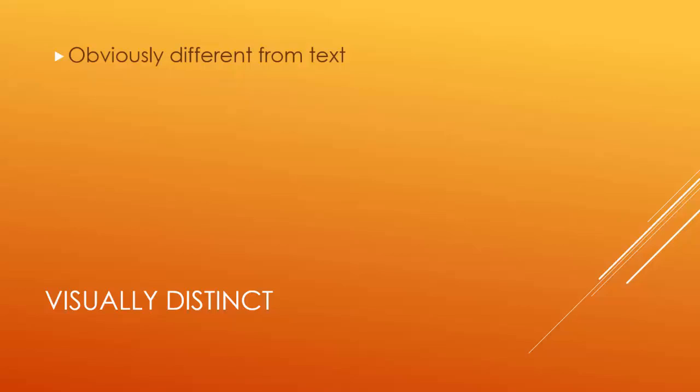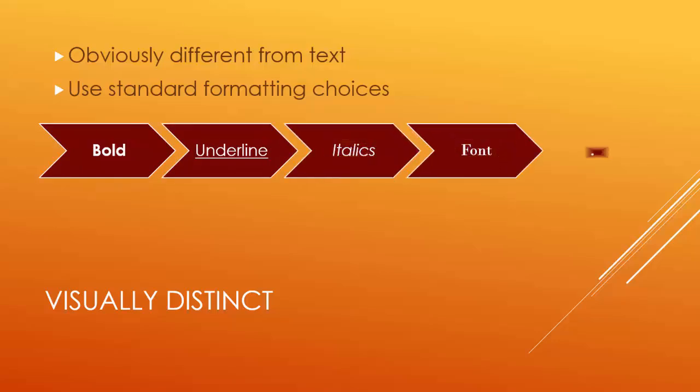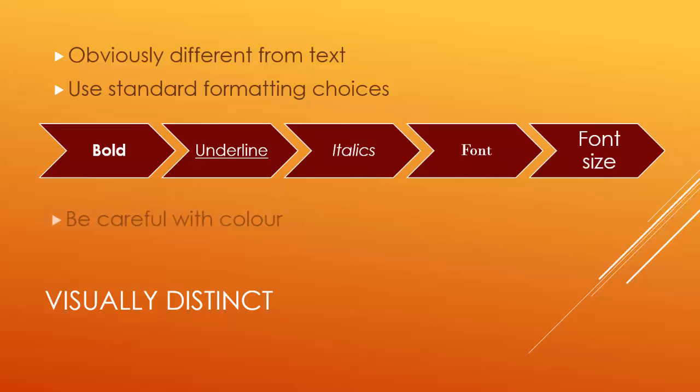This can be done using formatting tools such as bold, underline, italics, font size, etc. Be careful about using color, as content that is printed or photocopied into black and white may no longer show color differences distinctly to the naked eye. Also, be careful about small increments in font size as well.